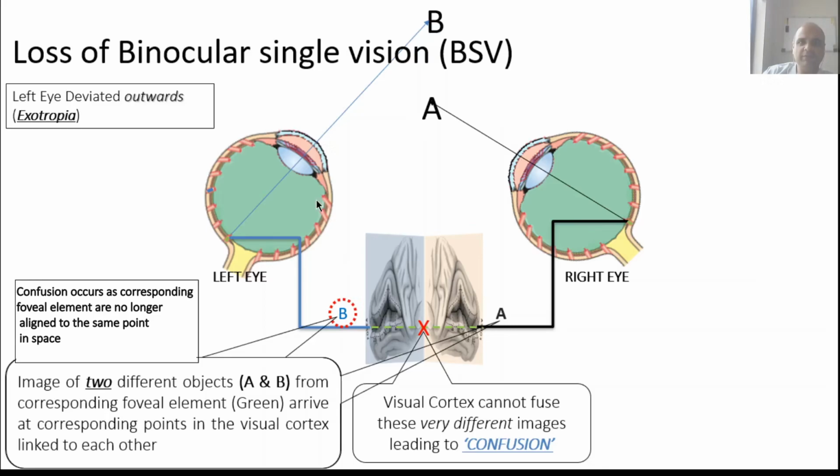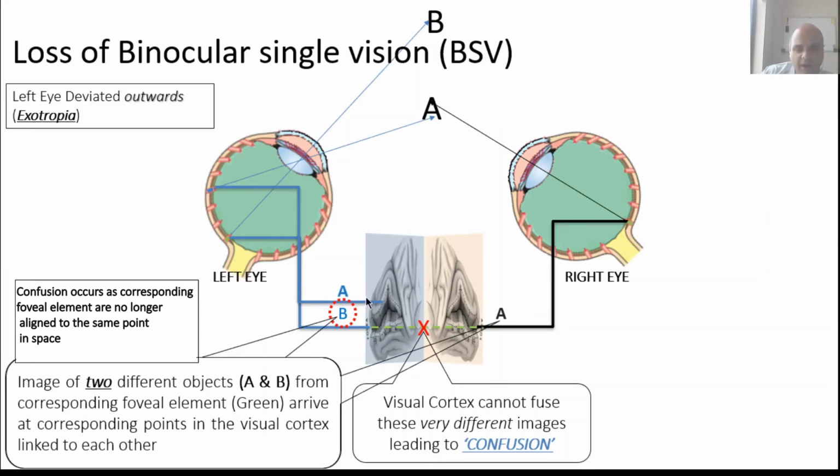But if you look carefully, there is this photoreceptor right here that is looking at this A, and it is going to take this information, this photoreceptor in blue, follow its own pathway all the way back to the visual cortex, which ends up, let's say, here at this point in the visual cortex.